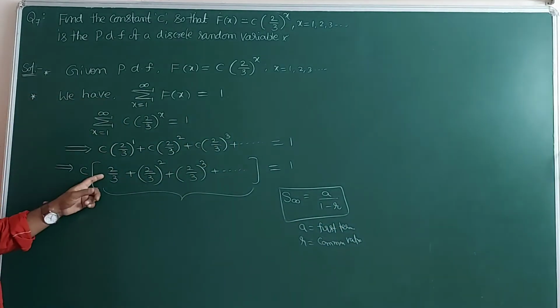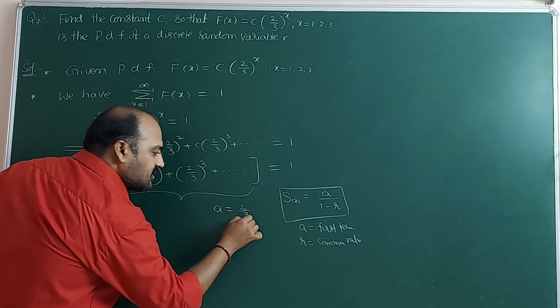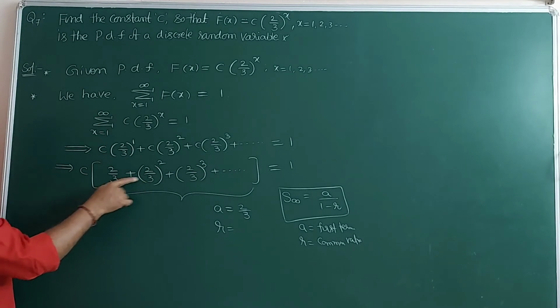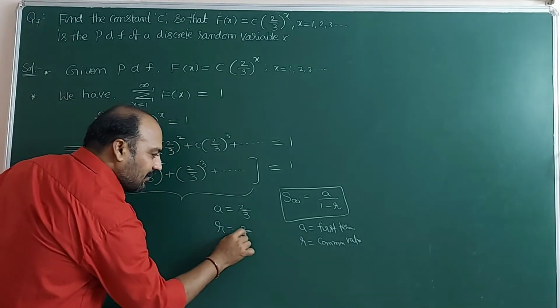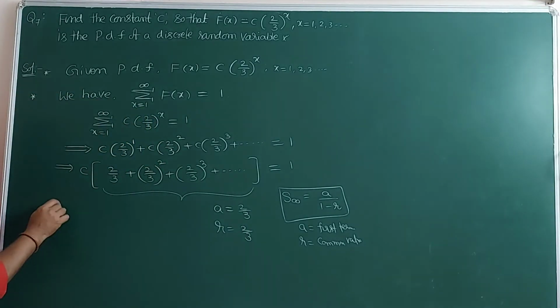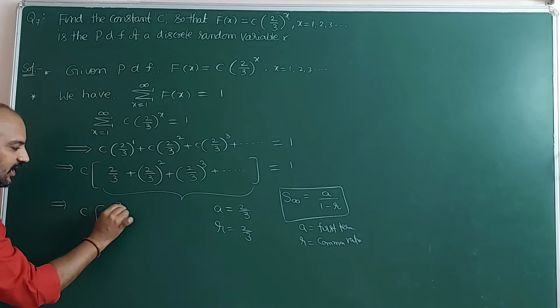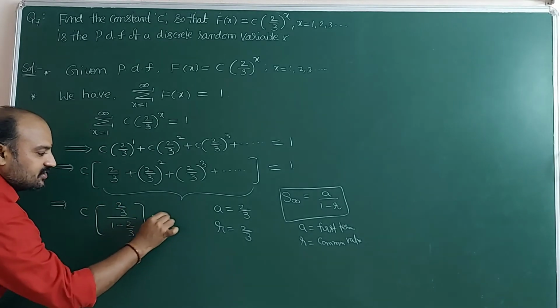So a is the first term, means a is equal to 2 by 3 according to this series, and common ratio is t2 by t1, this is t2, this is t1, this is t3. 2 by 3 whole square by 2 by 3 means 2 by 3 only will come. So c into a by 1 minus r, 2 by 3 divided by 1 minus 2 by 3, which is equal to 1.